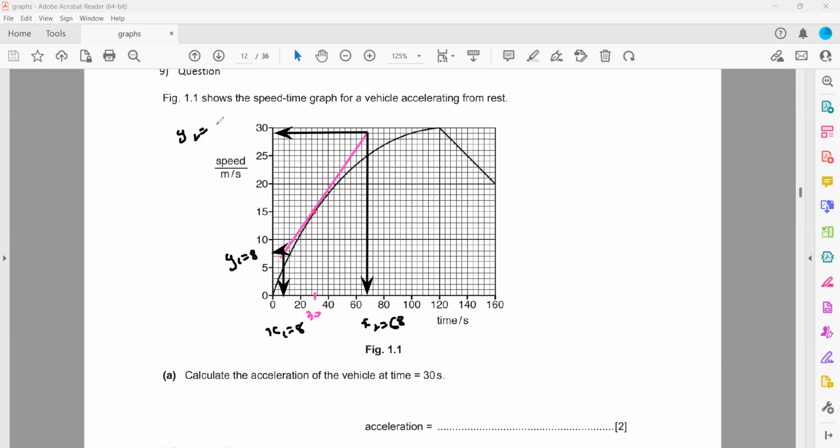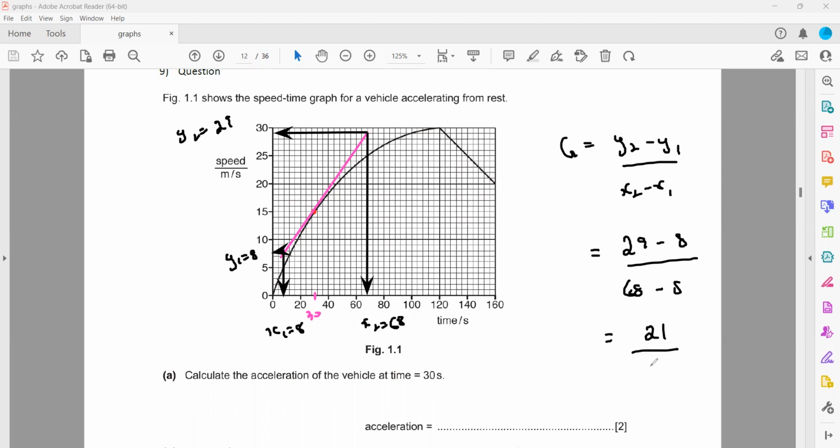We use the formula of the gradient here, which is y2 minus y1 over x2 minus x1. y2 is 29, y1 is 8, x2 is 68, and x1 is 8. When we simplify, this will be 21 and this will be 60.